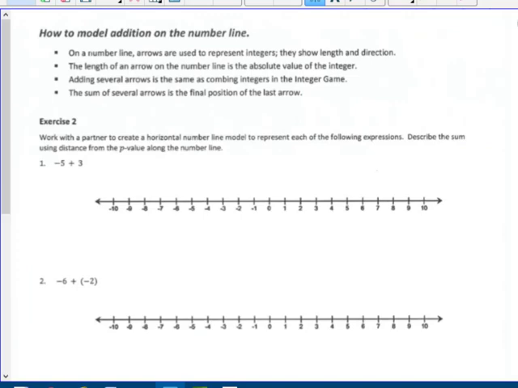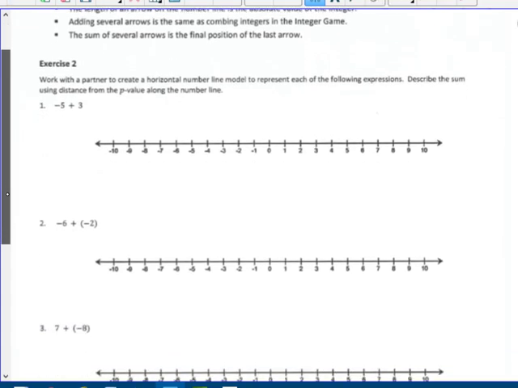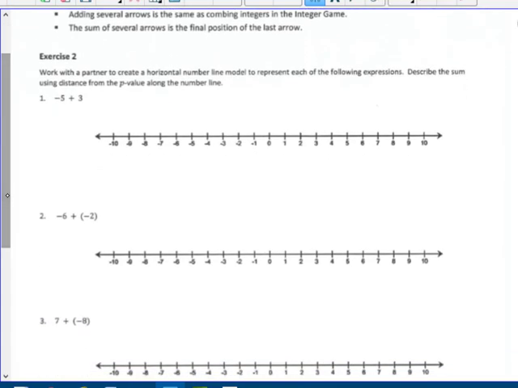How to model addition on the number line. On a number line, arrows are used to represent the integers. We know that, so I'm just going to skip down to the exercise here. I'm going to show what is negative 5 plus 3. We always start at 0, so I'm going to go to negative 5, plus 3: 1, 2, 3.